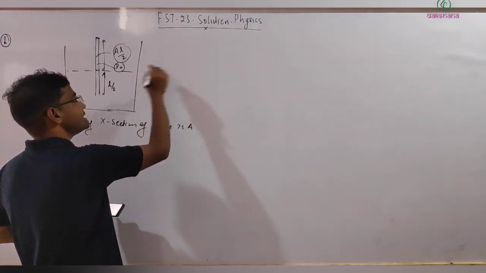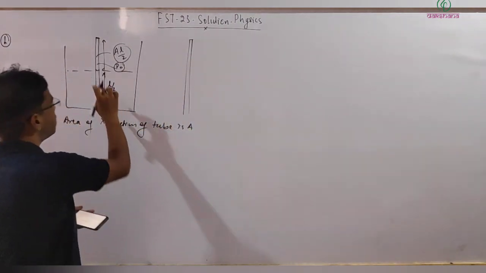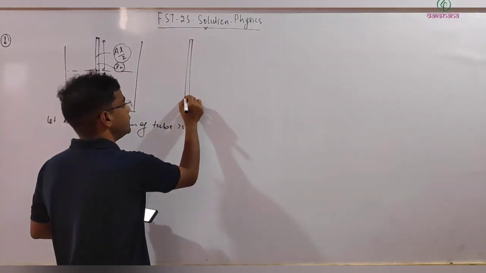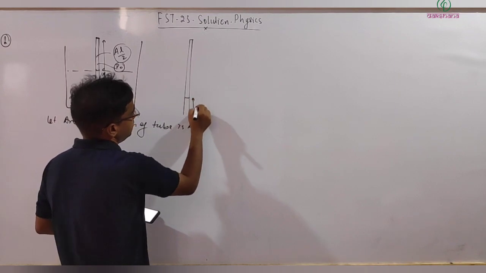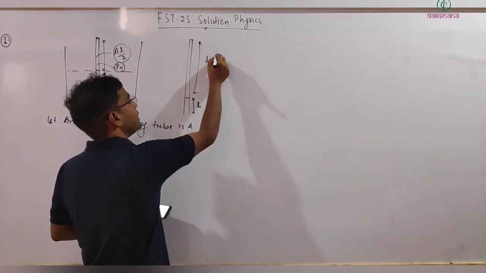Now the tube is pulled out, and this mercury column will descend and finally stay only up to here. So this is small h, and this much is L minus h.